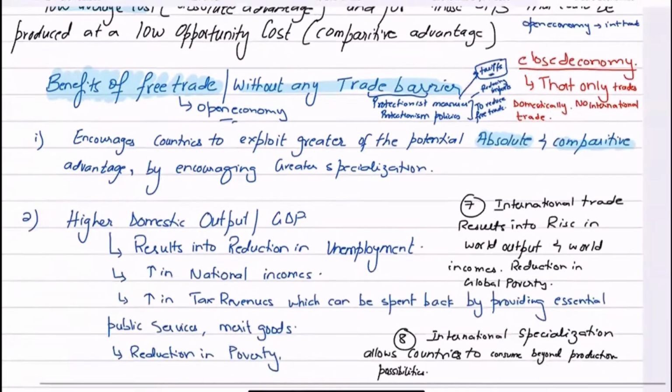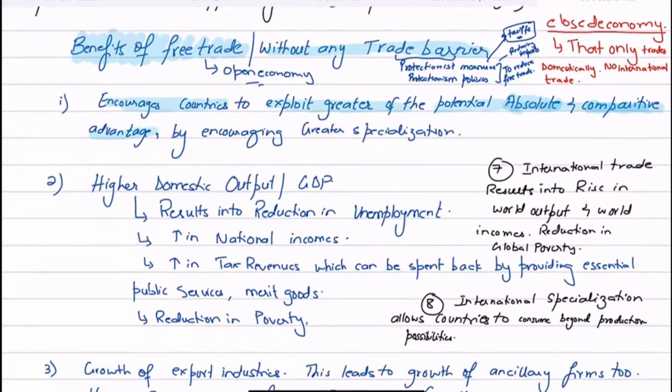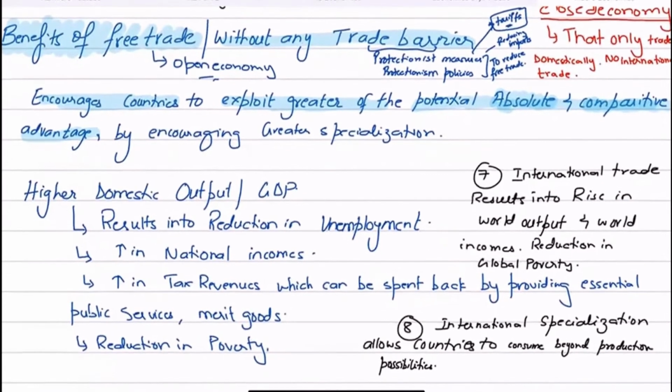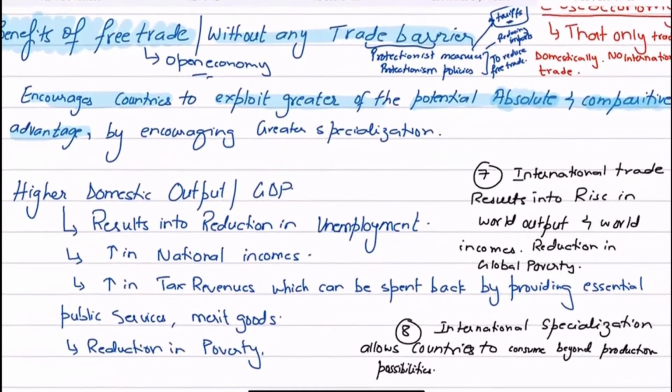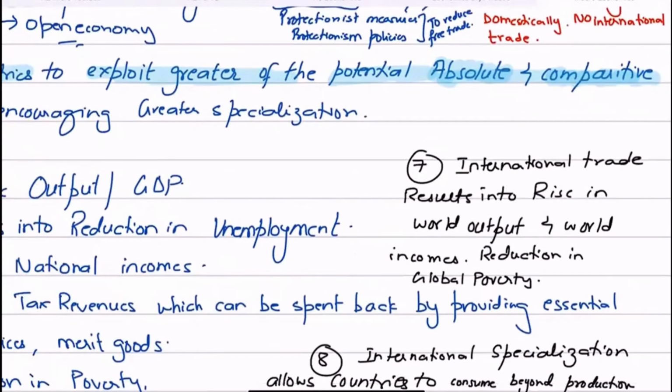So first, what you can write is that it encourages countries to exploit greater of the potential absolute and comparative advantage. Obviously, countries do have absolute and comparative advantage. Like I said, absolute advantage is a situation where countries can produce something at a low average cost, while comparative advantage is a situation where they can produce something at a low opportunity cost.